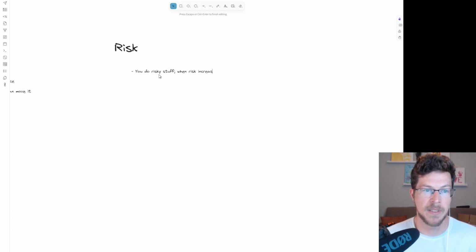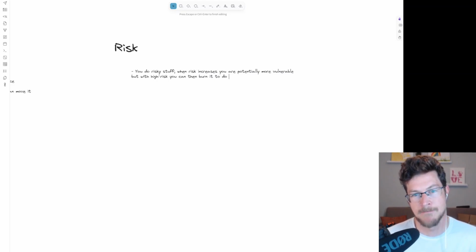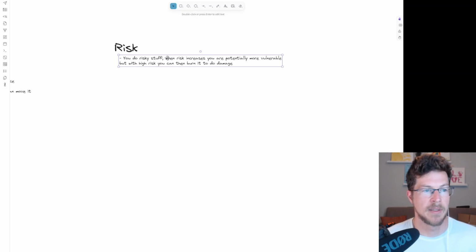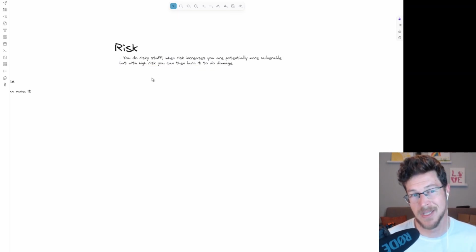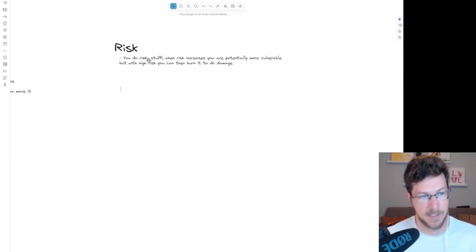When risk increases, you are potentially more vulnerable, but with high risk, you can then burn it to do damage, right? So I'm trying to think of the idea of this is how the rogue class backstabs, in essence. So my first thought is we use something like the panic system from Mothership, right?